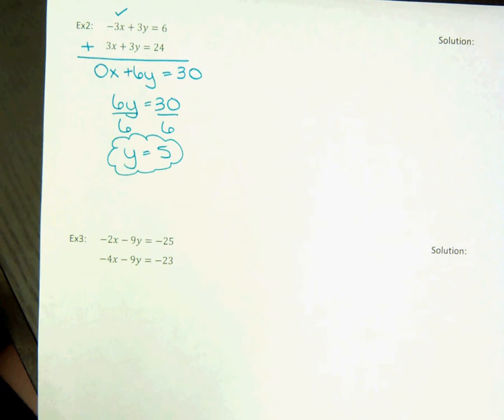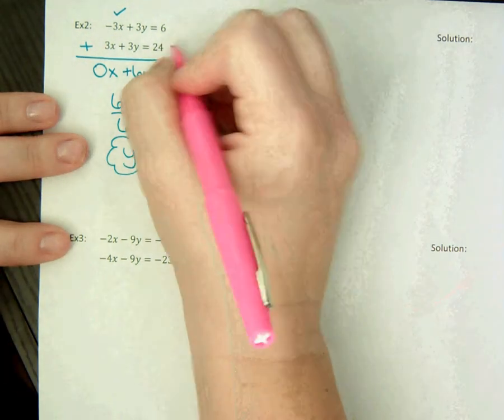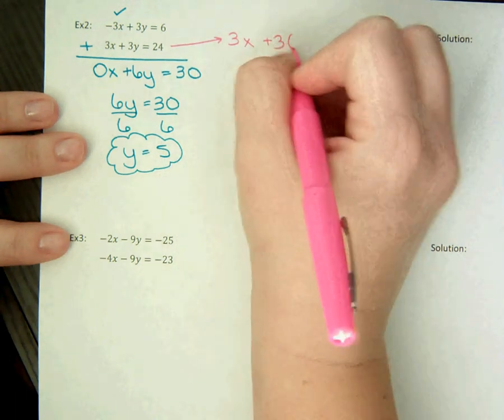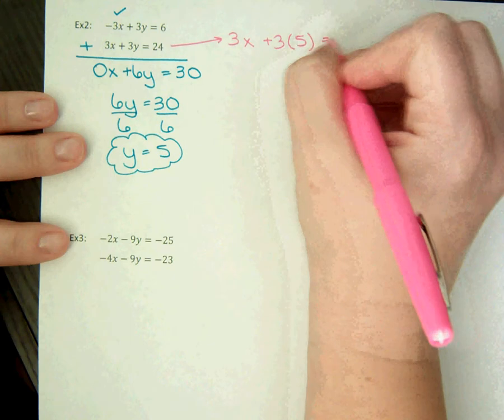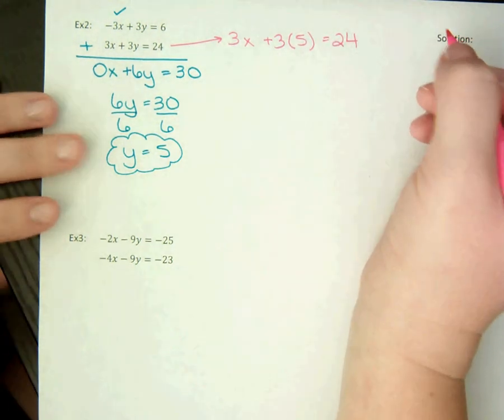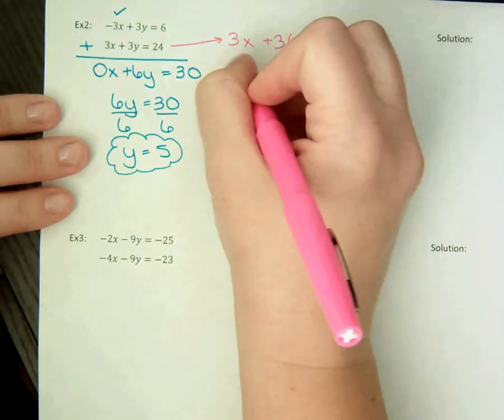From there, our job is to plug that into one of the original equations. I like positive numbers, so I'm going to pick the bottom one. It doesn't matter. I'm going to replace y with 5. So you can plug it into either equation. It's going to give you the same answer, because remember, we're looking for the one point that these two lines share.